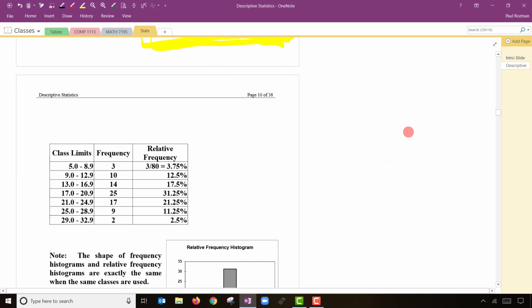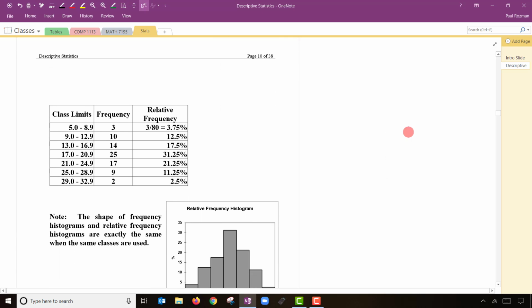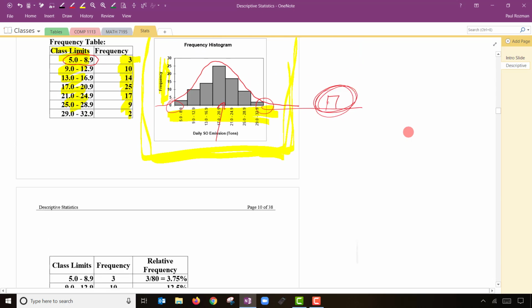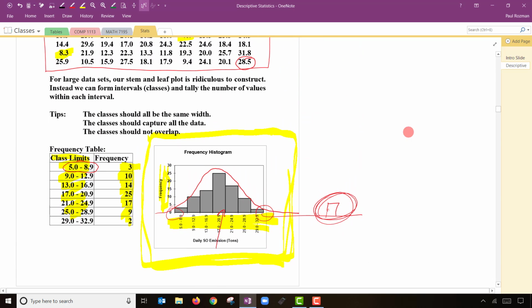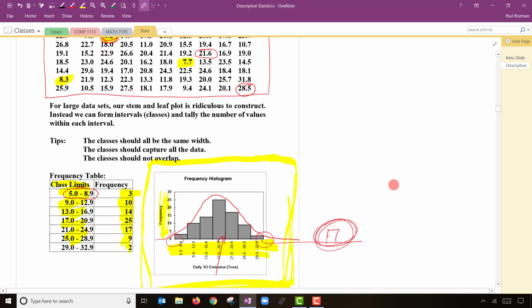I converted this chart that we just did. I should mention before I go any further, I said that I made my class limits 4 units wide. Why did I choose that, you might ask? Basically on a whim. I could have made them 5 units wide or 10 units wide. With computer software, I tend to just fiddle around with it until I get a plot that looks good.